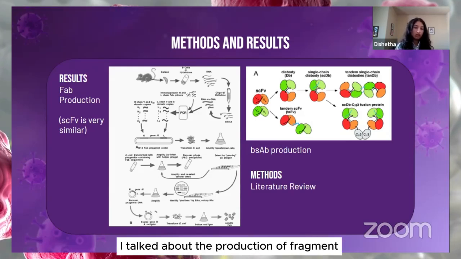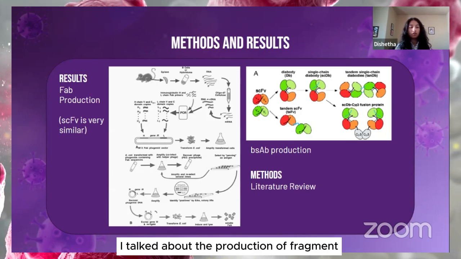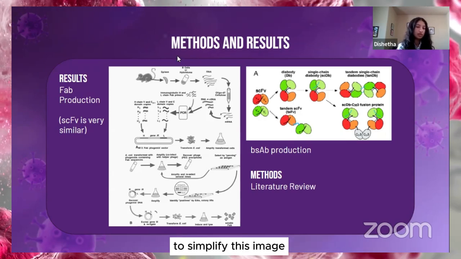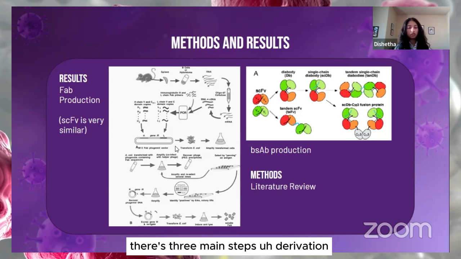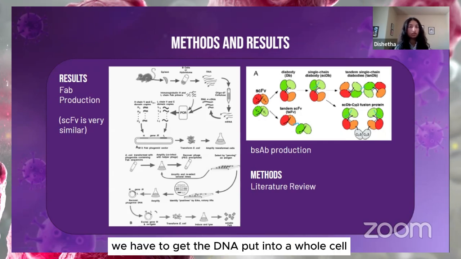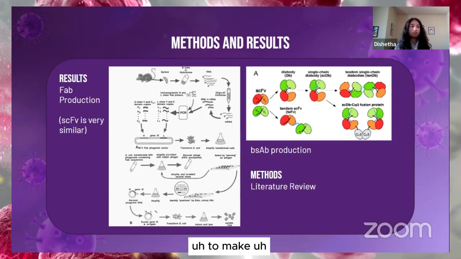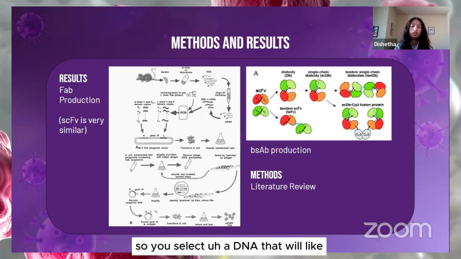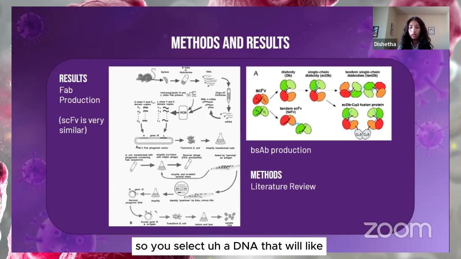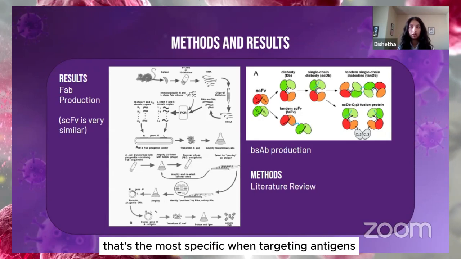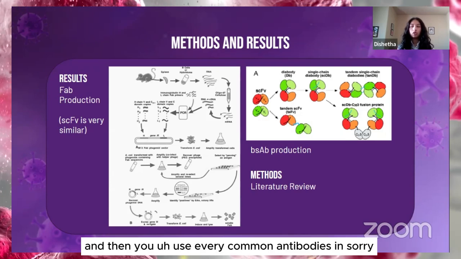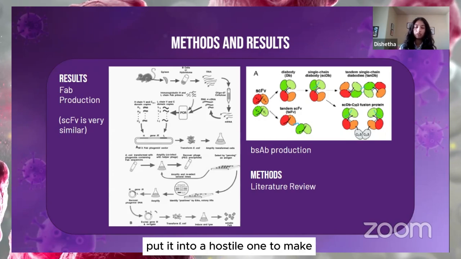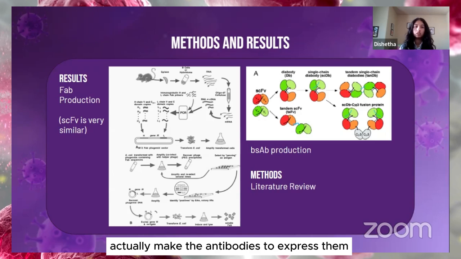So in my results, I talked about the production of fragment antigen binding antibodies, and there are three main steps: derivation, selection, and expression, where you have to get the DNA put into a host cell to make recombinant DNA, and then you select the DNA that's the most specific when targeting antigens, and then you put the recombinant DNA into a host cell line to actually make the antibodies, to express them.